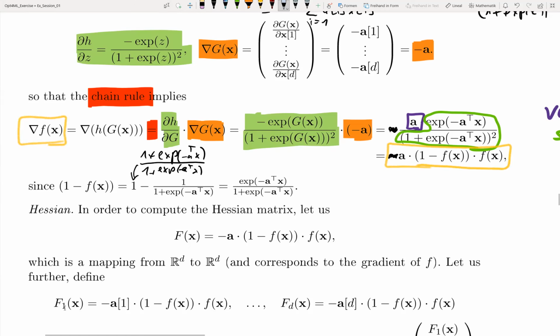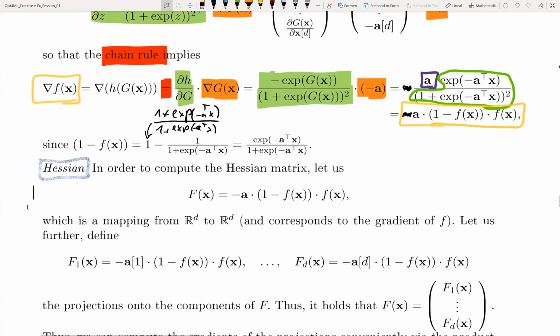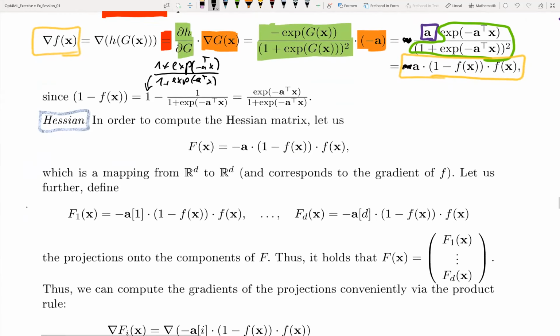All right, then we go to the Hessian. Due to the time, of course, this should be a plus, right? And here will always be pluses.